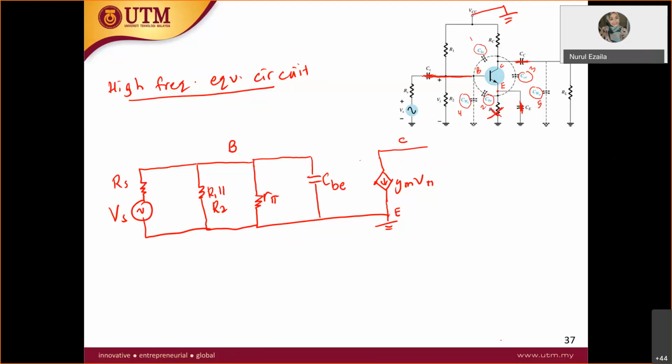What else has capacitance at the base? CWI, correct. CWI is the total wiring capacitance at the input, from base to ground. So you have another one here, CWI.